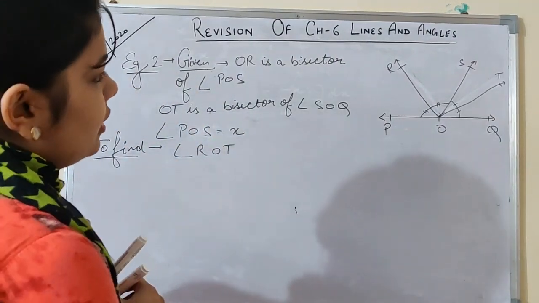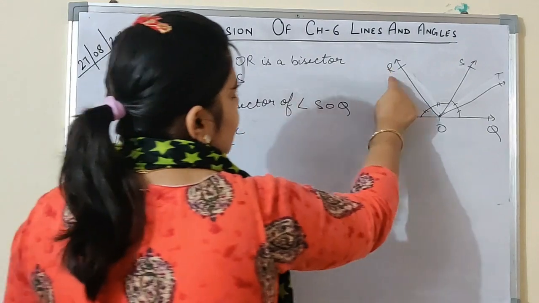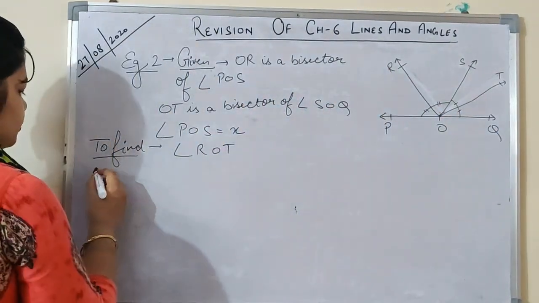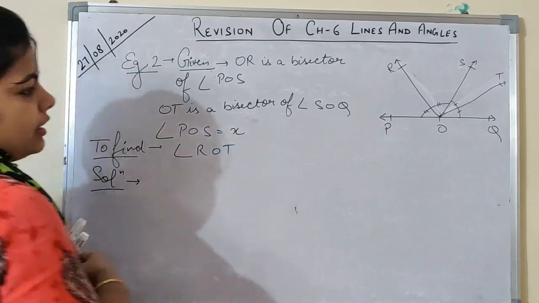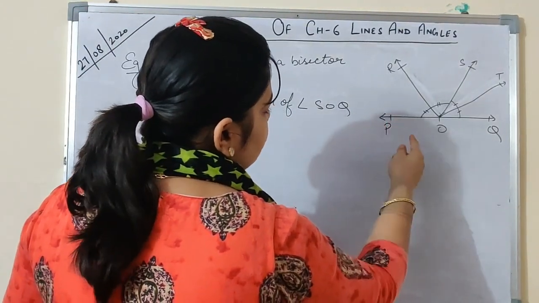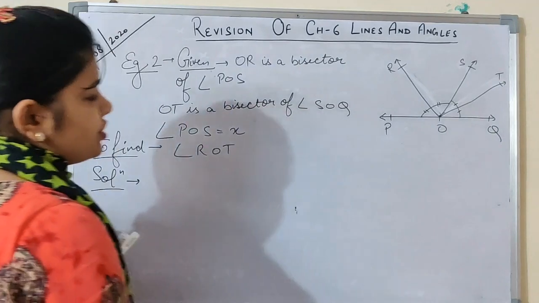Now here, for finding angle ROT, what will we do? We will first take that POQ is a straight line.